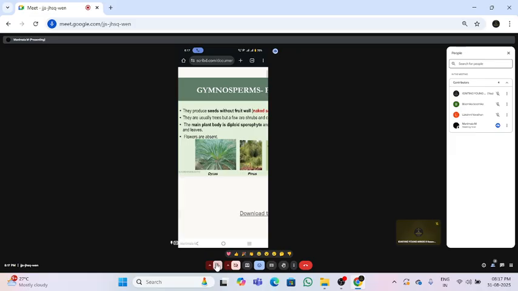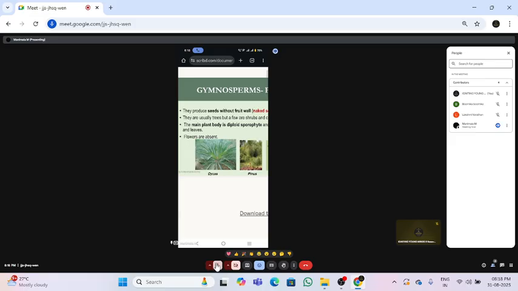So I told you the names of two scientists. One is Goebel. He called gymnosperms phanerogams without ovary, meaning the seeds are not covered by the seed coat.